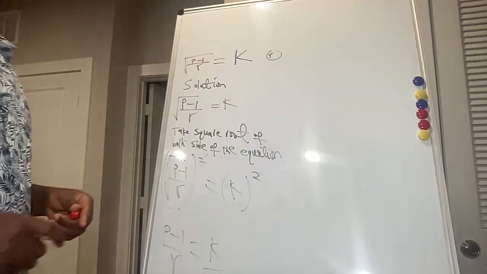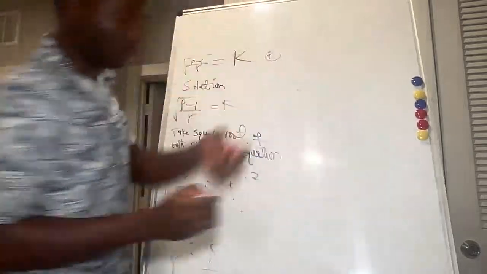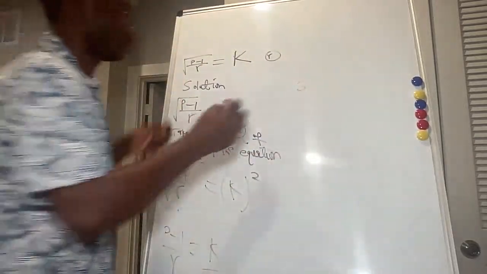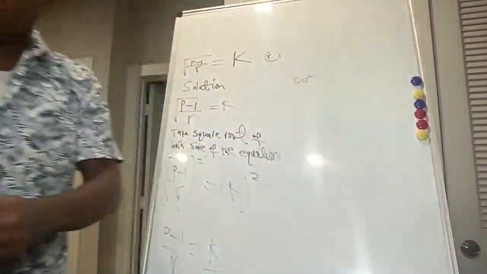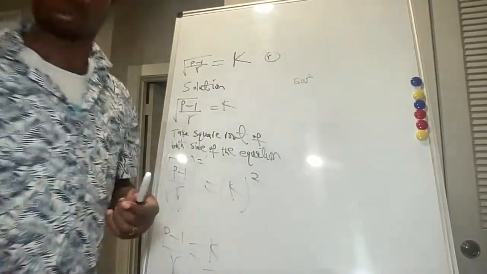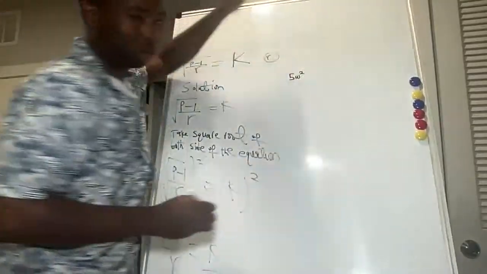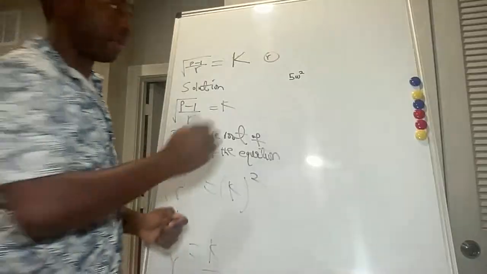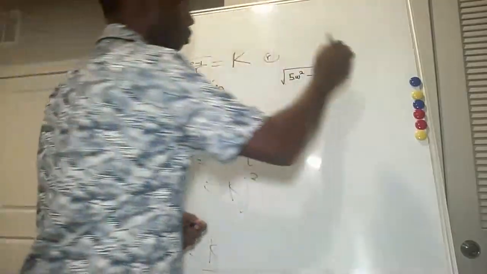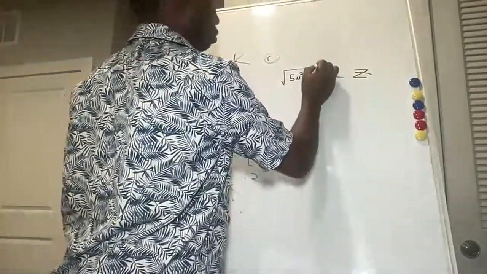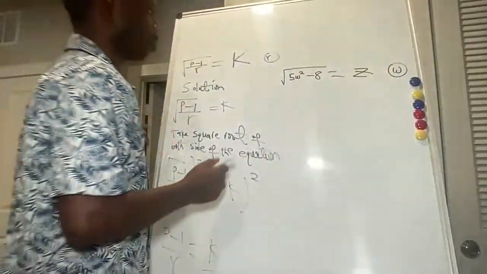Let's change the marker. The square root of 5W squared minus 8 is equal to Z. Make W the subject of the equation.